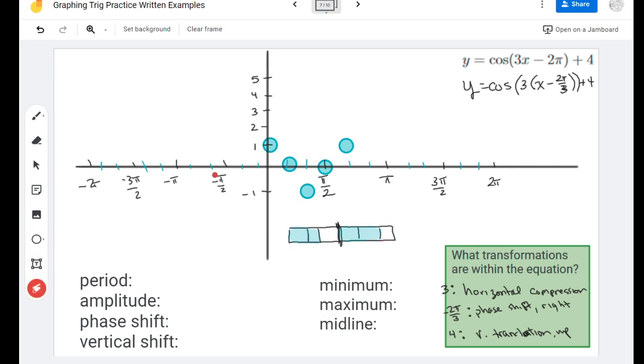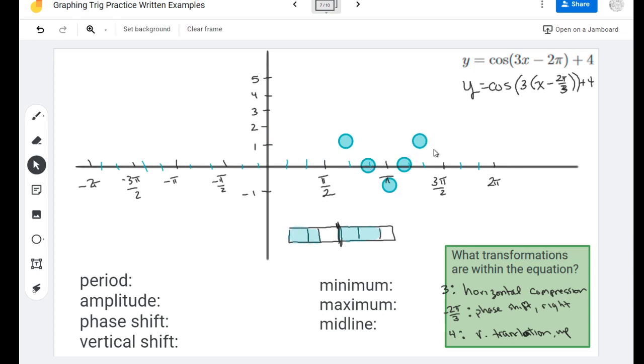So what that means in terms of our graph is for our phase shift, I'm going to scoot each of these over by 4 boxes. So, or by 4 tick marks. 1, 2, 3, 4. Alright, so remember with the phase shift, you move them all the same distance.